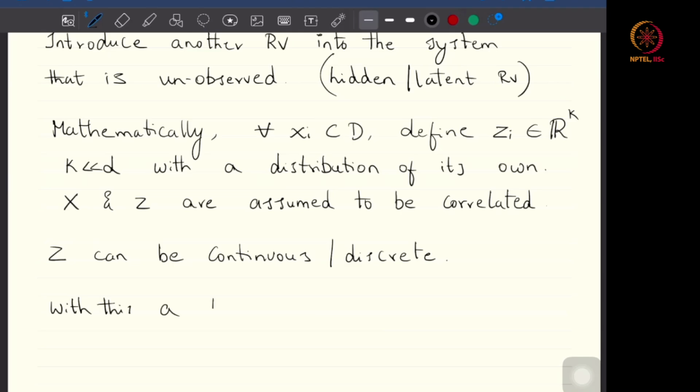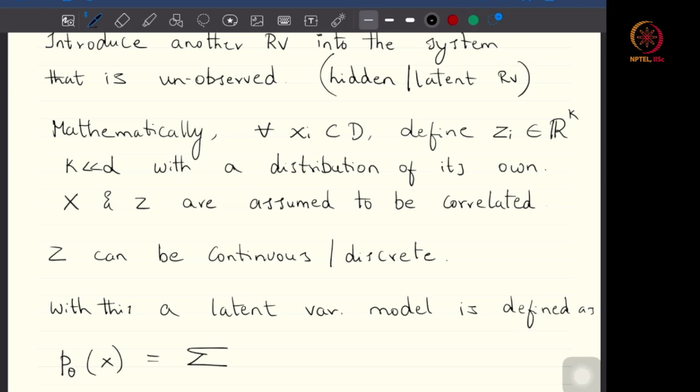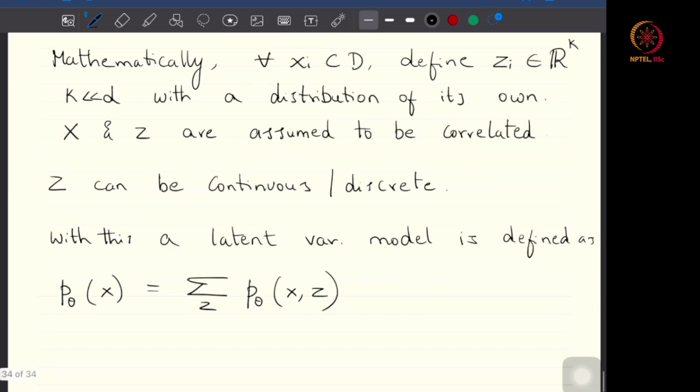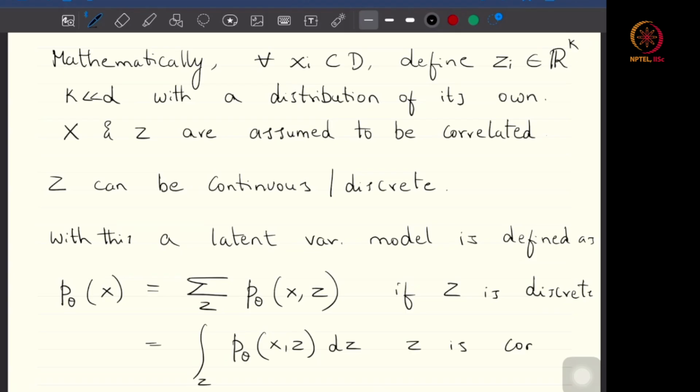A latent variable model is defined as, p_theta of x, the model that we are looking at, is given by the marginal of the joint distribution between x and z if z is discrete, and if z is continuous, define that as the integral. So this is the definition of a latent variable model.